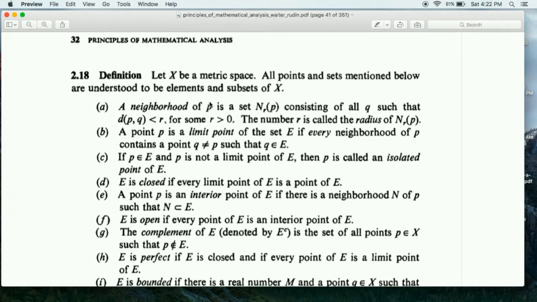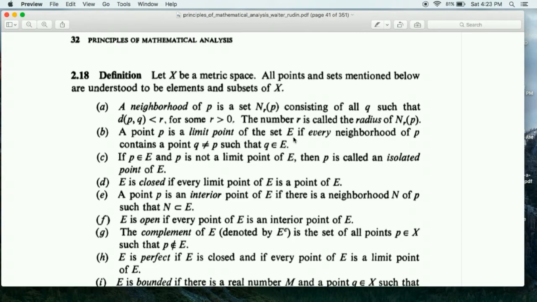A neighborhood of p is a set N_r(p) consisting of all q such that the distance between p and q is less than r, for some r greater than 0. The number r is also called the radius, and this neighborhood is denoted as N_r(p).